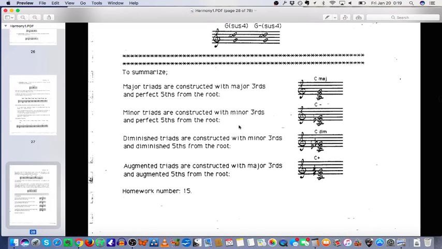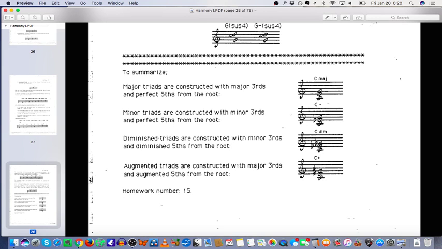Okay, so to summarize, major triads: major third, minor third, perfect fifth on the outside. Minor triads: you got a minor third and a major third and a perfect fifth again on the outside.